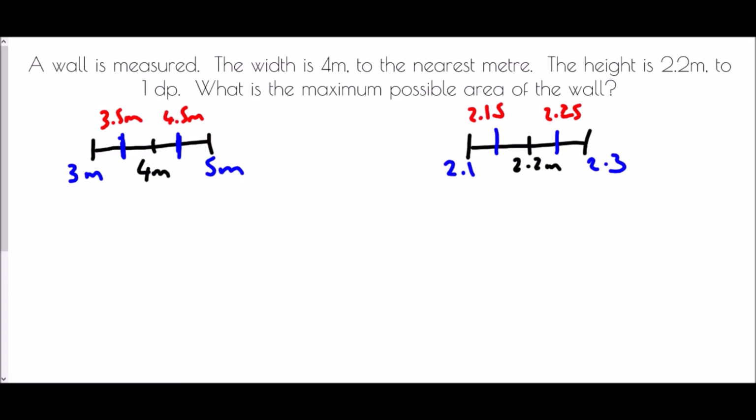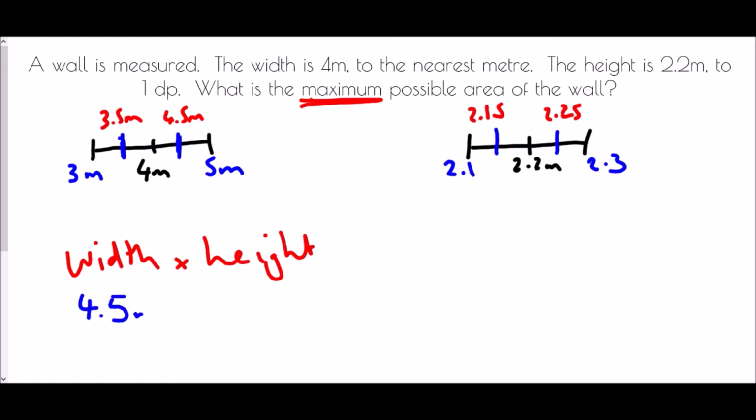Now the question here asks us, what is the maximum possible area? Well, if I'm going to get the area, I need to do width times height. Therefore, if I want to get the largest possible answer, I need the largest possible width, in this case 4.5 meters, and I need the largest possible height, 2.25 meters.